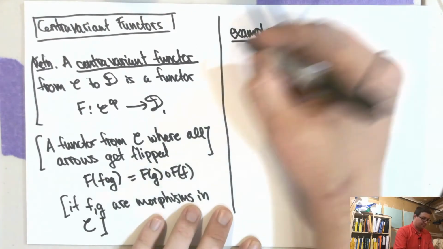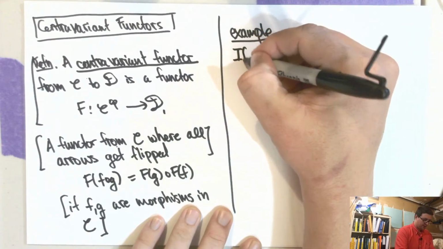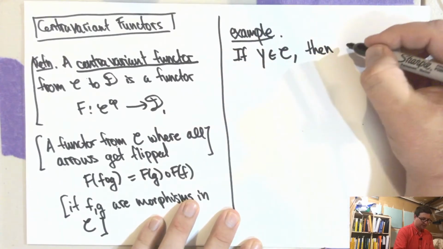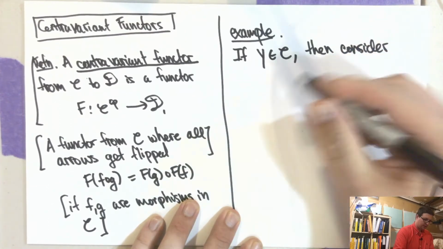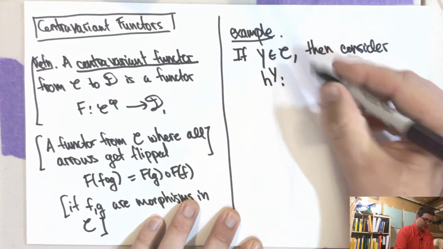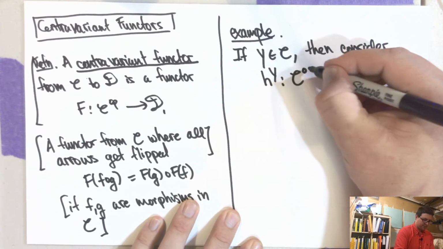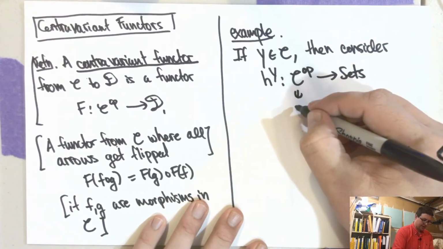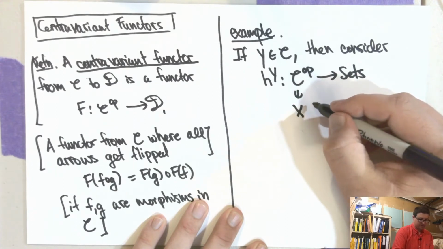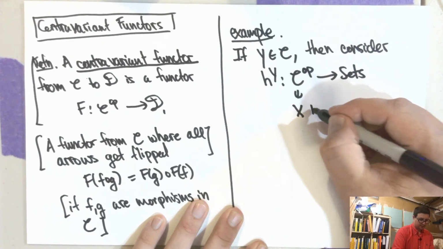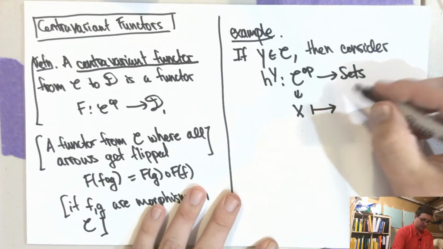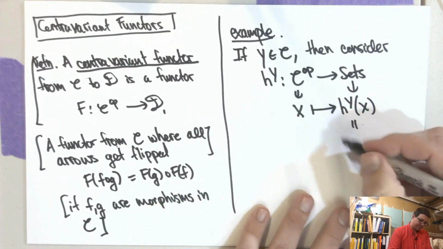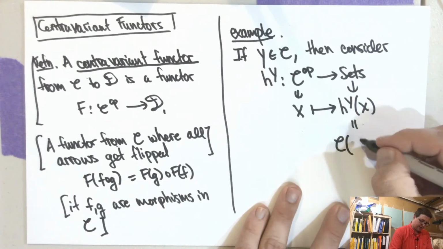If y is an object of a category C, then consider this functor h superscript y from C op to sets, given by taking an object x and mapping it to C from x to y.